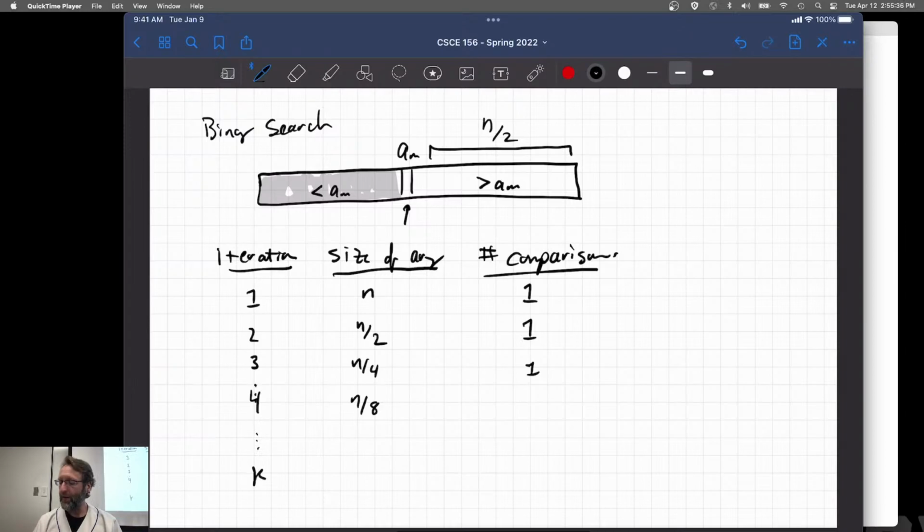On the kth iteration, how much have I cut it in half by? 2 to the k, making one comparison there. When do I stop? What's the last iteration? When the size of the array becomes 1, and I make one last comparison to see, is that the guy that I'm looking for? So for what k does this become 1?